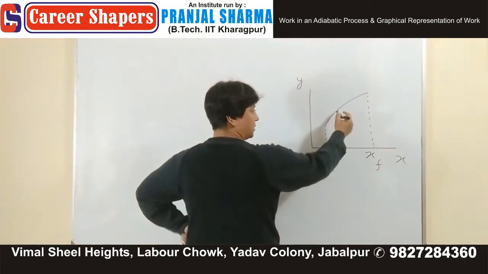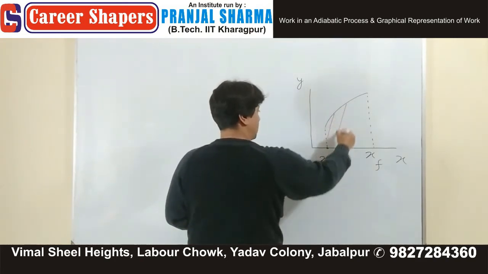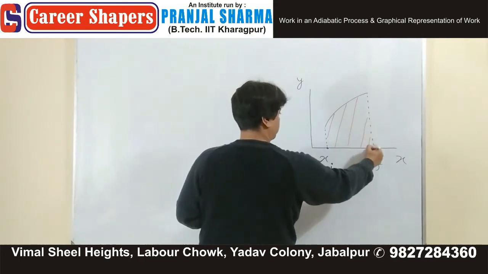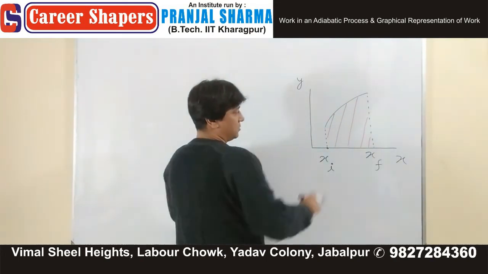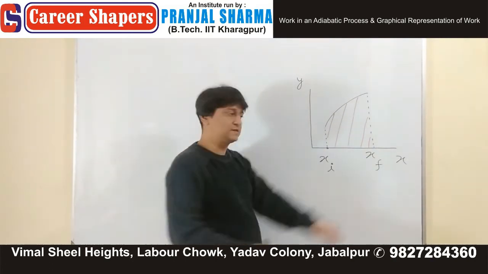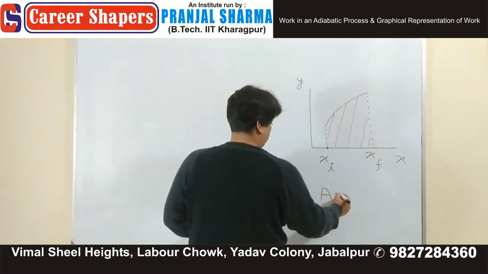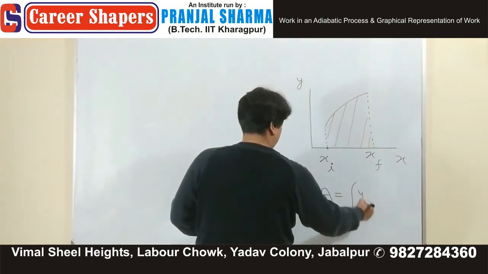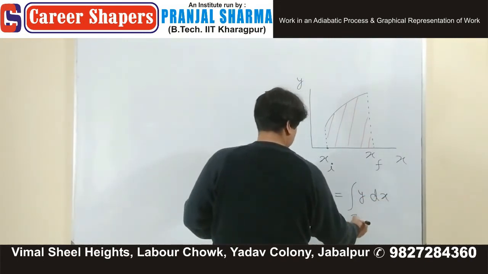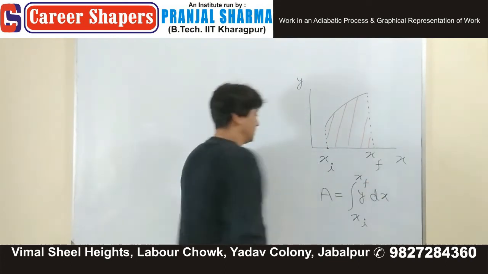Then all this area under the curve, this whole area between the graph and the horizontal x-axis, is given by the integral of y dx from x initial to x final.